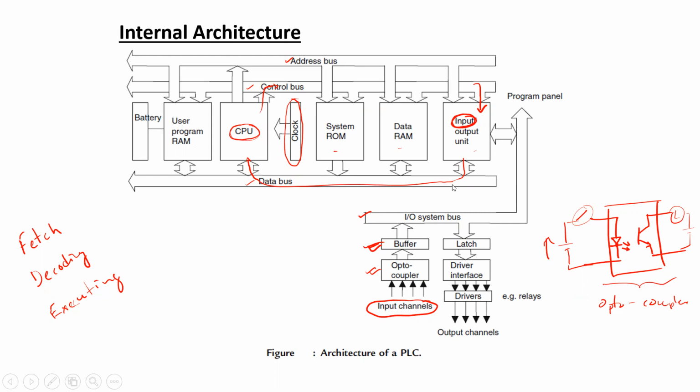Next, the CPU might want to write this data depending upon the user's program. Maybe the CPU wants to write the data to some memory location. Now, in case of the microprocessors or microcontrollers, you know that each memory location is defined by a unique address.